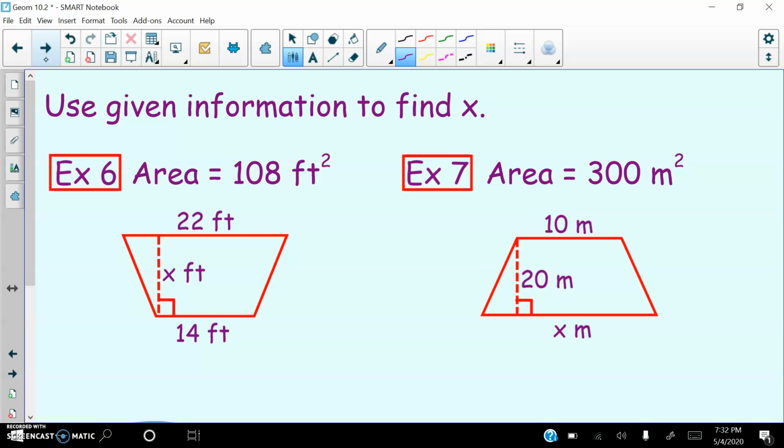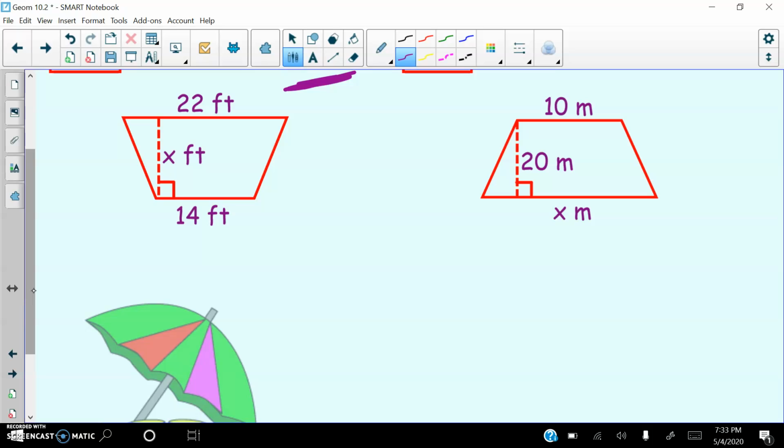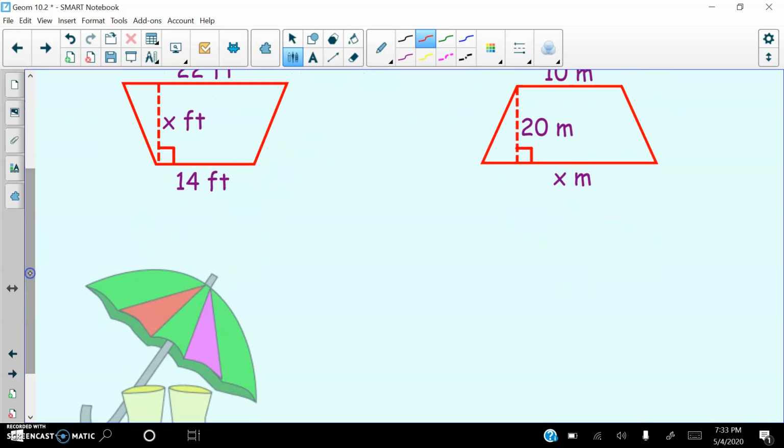All right, so now we're going to find x, and it actually gives us feet squared, which is nice. We're going to actually do a unit. For this trapezoid, I need to find the height. The area of a trapezoid is 1/2 times the height times base 1 plus base 2. It gives us the area of 108.